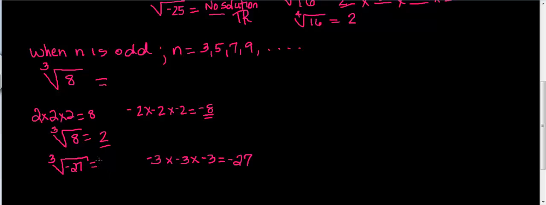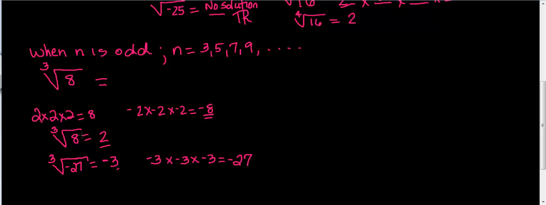So then this is equal to -3. -3 is the number that I multiply 3 times by that same number, and you get -27. Okay, so notice that it's different when you have your index being an odd number.